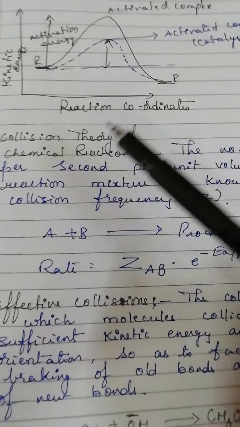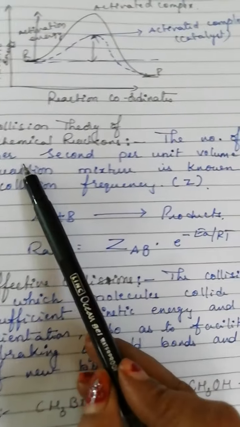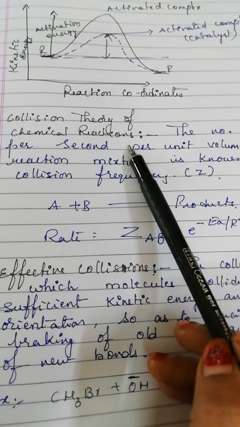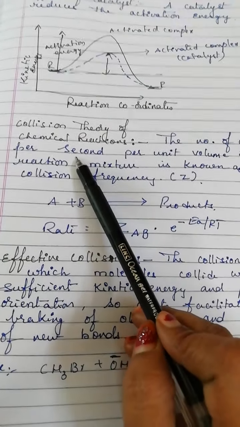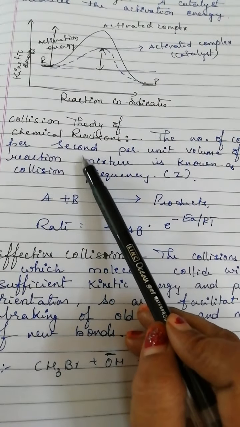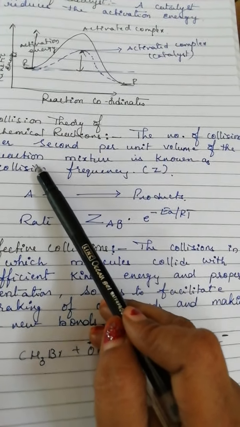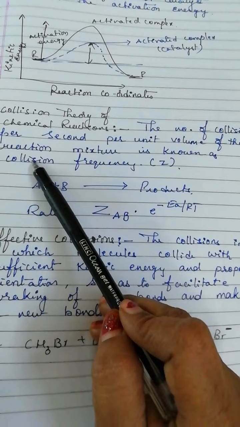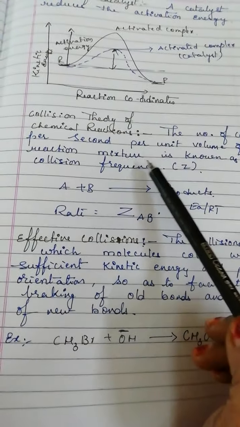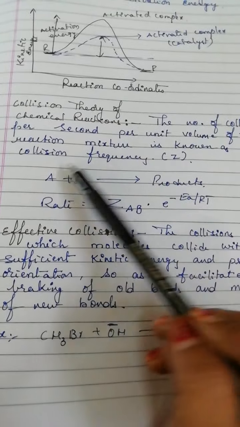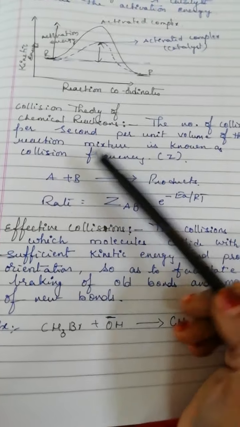Now, at the same time, let us see the collision theory of chemical reactions. The number of collisions per second per unit volume of the reaction mixture is known as collision frequency. Collisions means meeting together, two atoms or two molecules combining together.